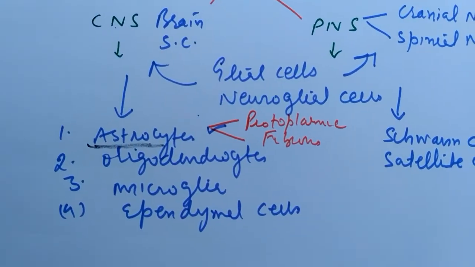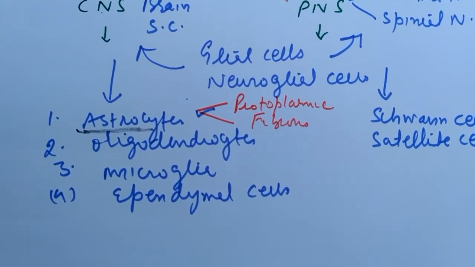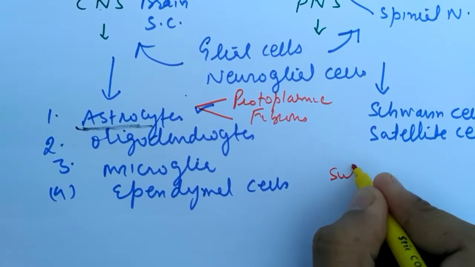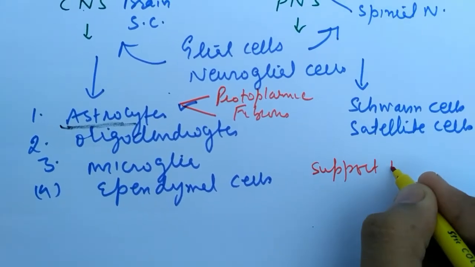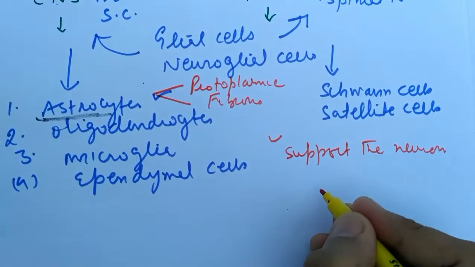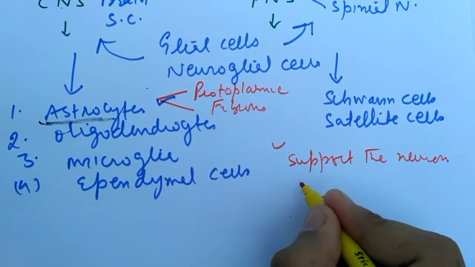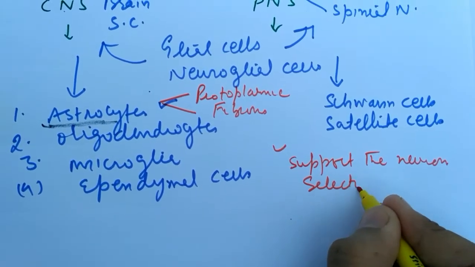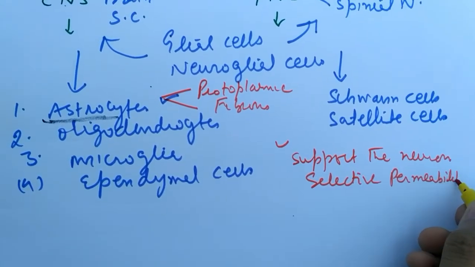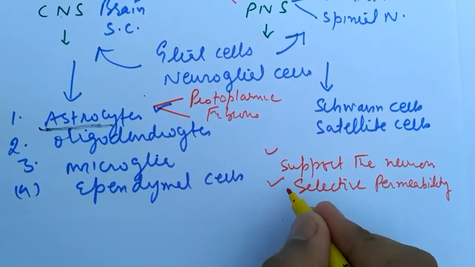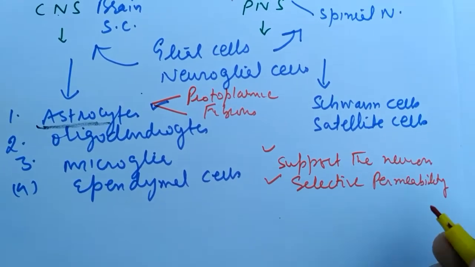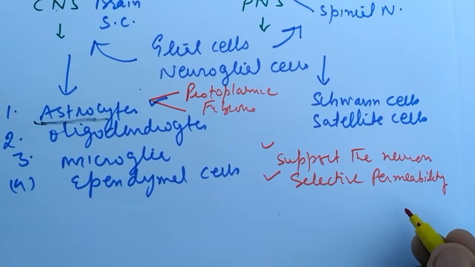Next is their function. Astrocytes have various functions, such as supporting the neuron. Selective permeability: they maintain the selective permeability of the neural membrane, also of the endothelial cells of the capillary.